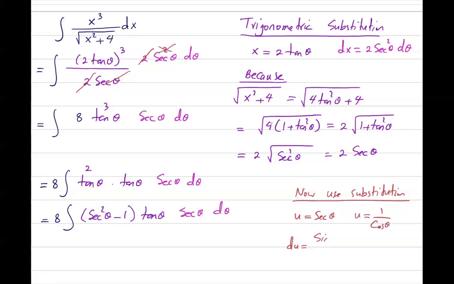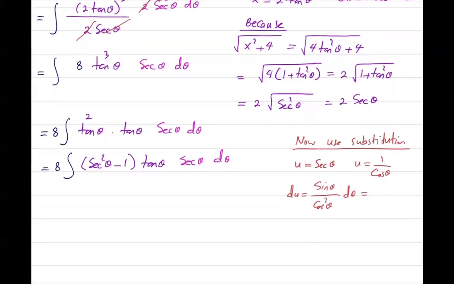You get sine theta divided by cosine squared of theta d theta. So du is equal to sine divided by cosine times 1 over cosine d theta. So du, as you can see, is equal to tangent theta, secant theta, d theta.